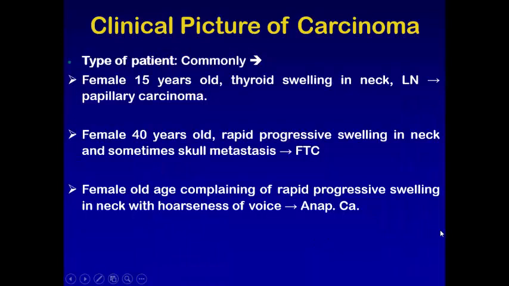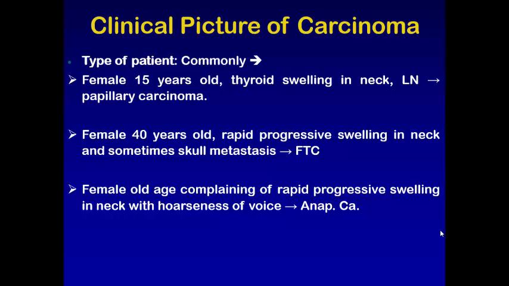Regarding the clinical picture of thyroid carcinoma, the type of patient: in papillary carcinoma, commonly a female around 15 years old with thyroid swelling in the neck with enlarged lymph node.